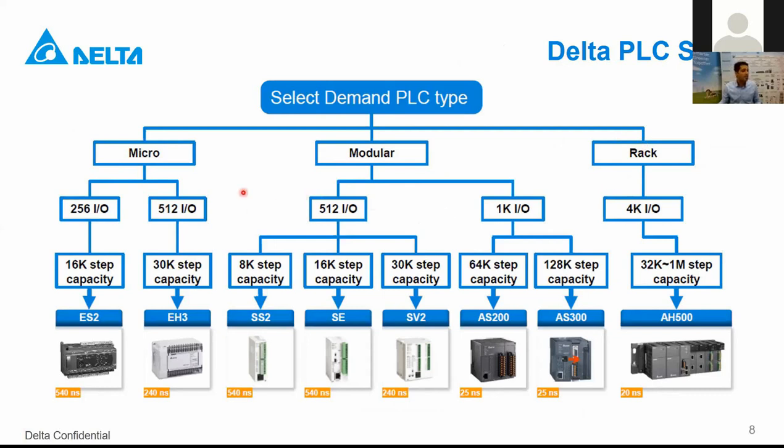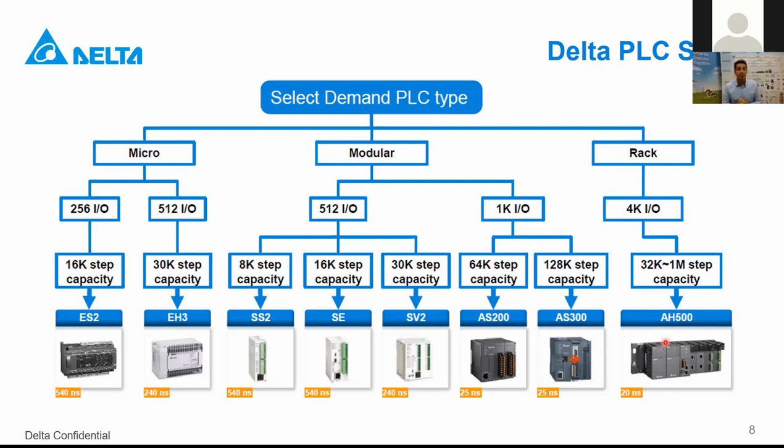The most important thing is the I/O points. For instance, if you need less than 500 I/O, then you can go with the DVP basic series. Or if you need more than 1,000 I/O points, then we should go with the AH series. So this is the first separation.